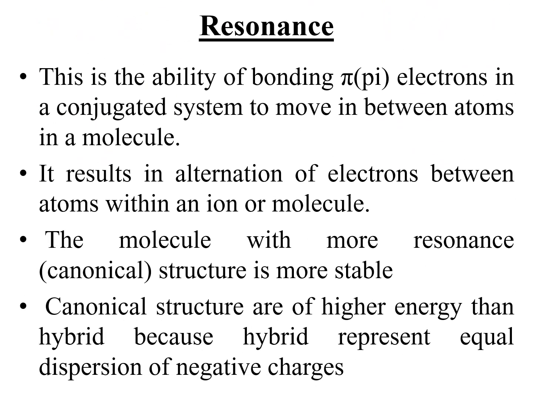Resonance is simply the ability of pi electrons in a conjugated system to move in between atoms. It is the pi electron that is moving in resonance, and it results in alternation of electrons between atoms in a molecule, meaning that an atom that was unsaturated at the end may become saturated, while the one that was saturated becomes unsaturated.